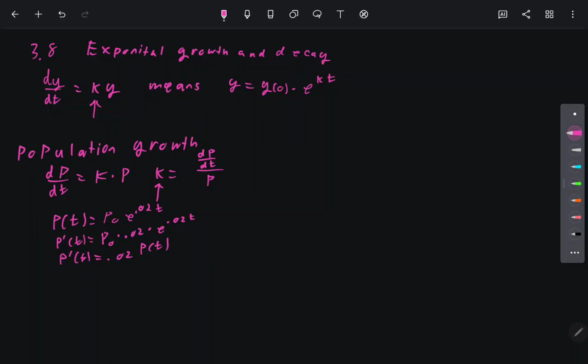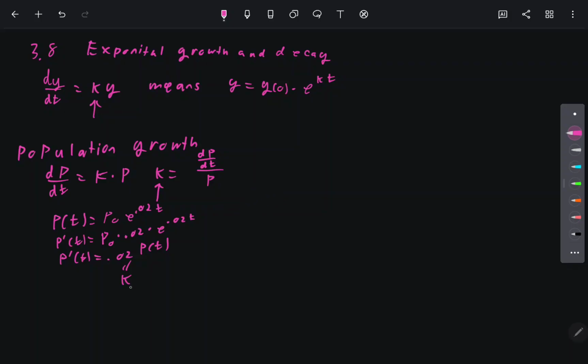And we can see very clearly that this value, 0.02, is our k. So we can say its relative growth rate is 0.02.